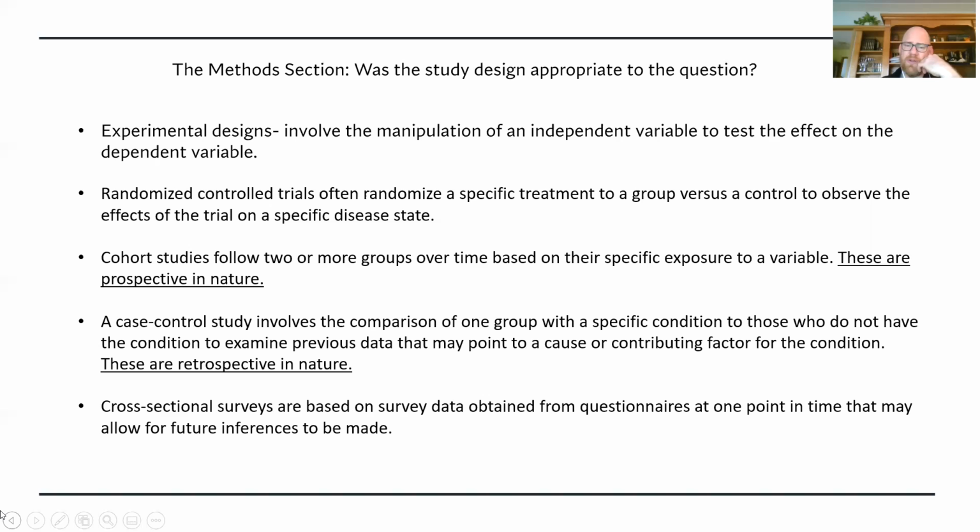Case control studies typically involve comparison of one group to another, studying those who have a disease or condition of interest compared to those who do not. These are typically retrospective in nature, meaning that we are taking data that already exists, whether that's patient encounters within a healthcare system or some other type of data, and looking backwards.